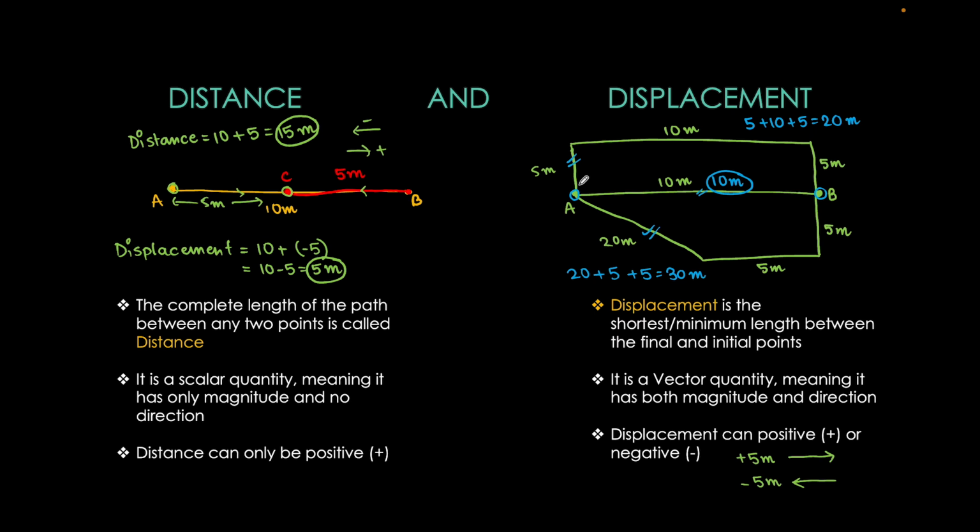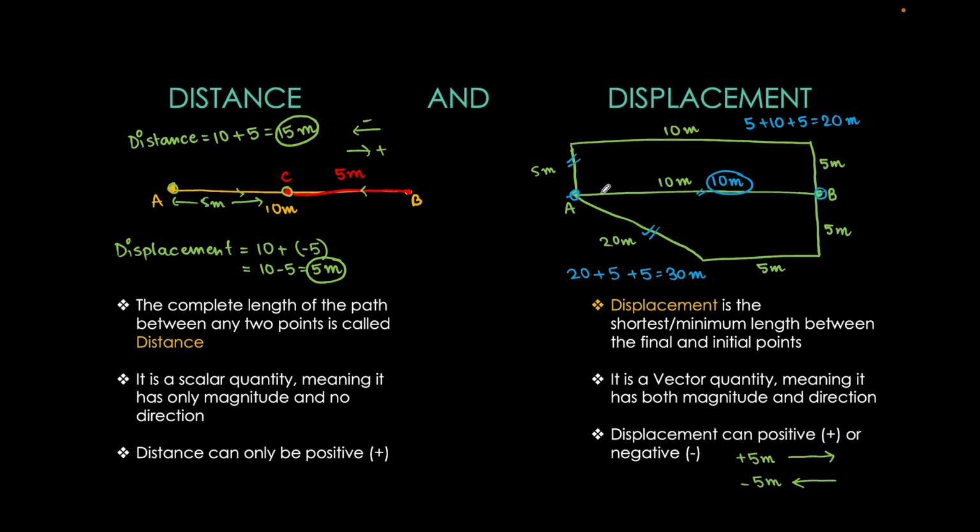But if the person has traveled in this path, then the distance is 20 meter, but the displacement will always be 10 meter because displacement does not depend on the path. It just depends on the final position and the initial position, right? Similarly, if the person takes this path, the distance will be 30 meter, but the displacement will be the same, which is 10 meter. So what do we conclude here? That the displacement between two points will always be constant, but the distance is not necessarily constant.